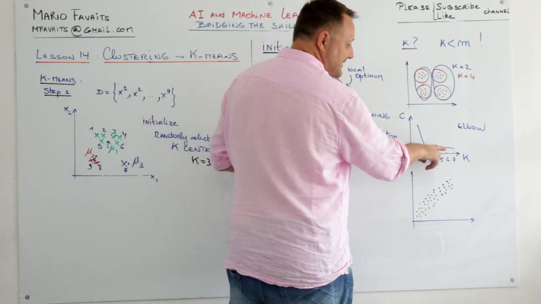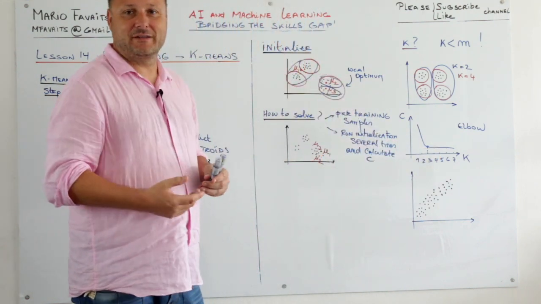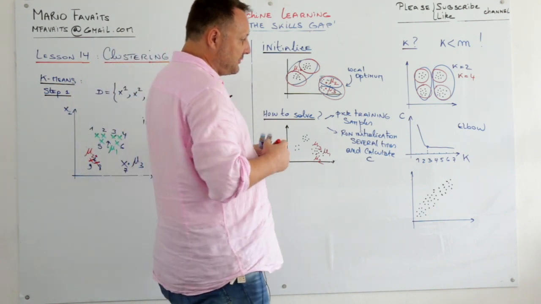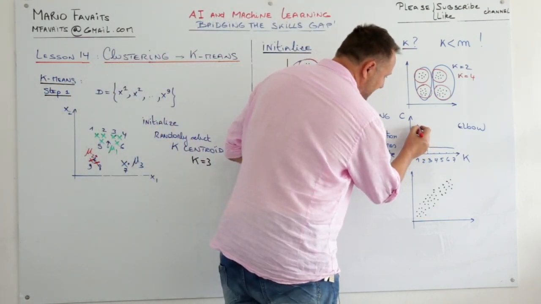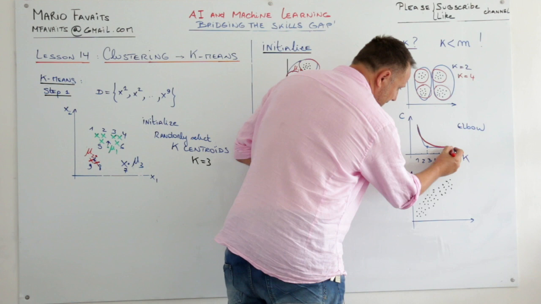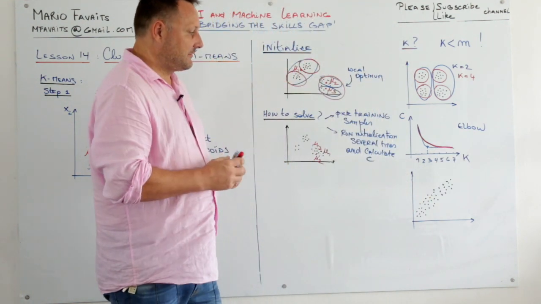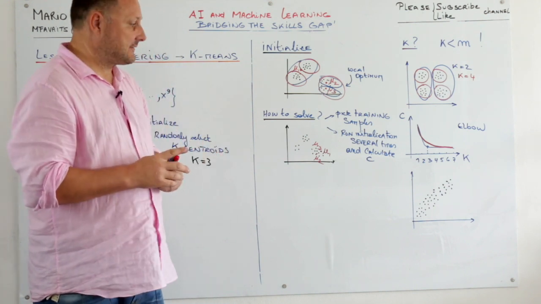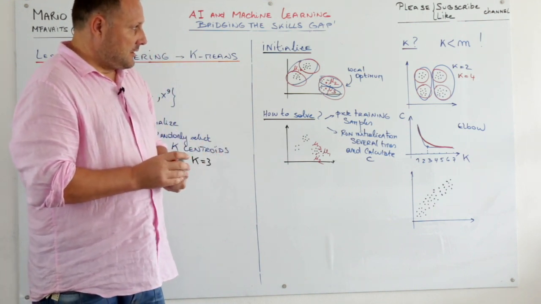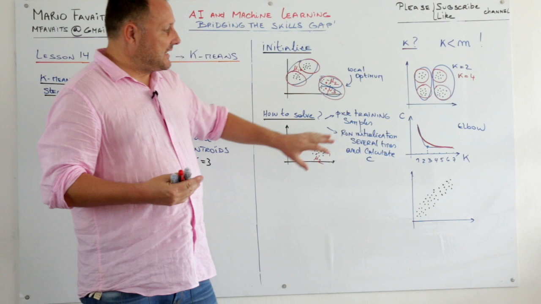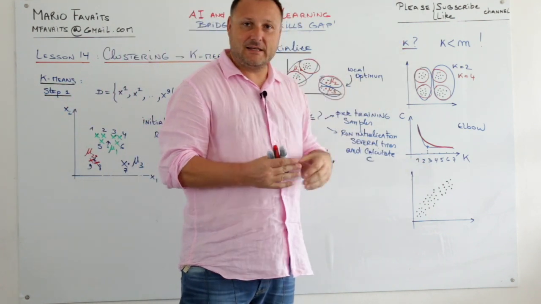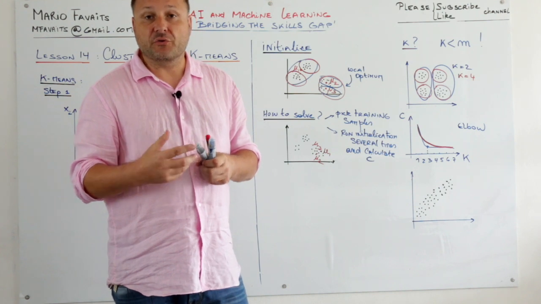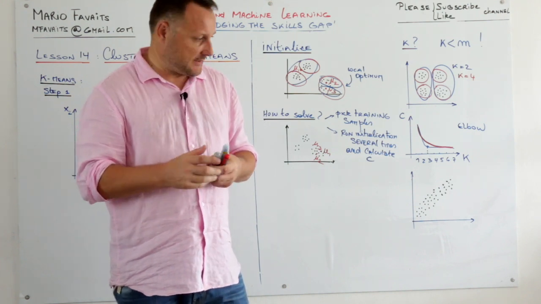After that your cost still goes down, but not significantly. But in reality what you will see is something less obvious. So it's not that obvious to choose which k is going to be the best. So usually it's a combination of these techniques augmented with your personal beliefs.